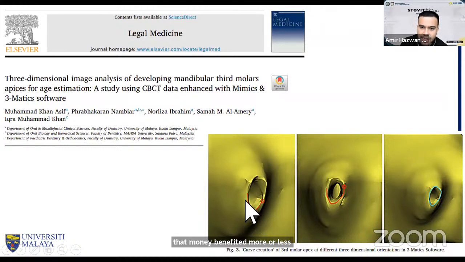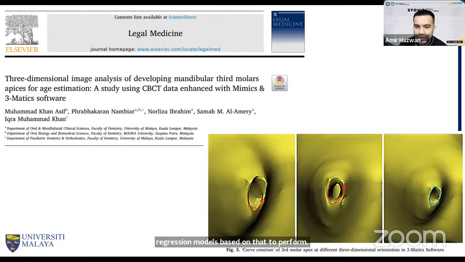This is the apical surface of the third molar, and by using CBCT, we measured the apical surface, and we developed regression models based on that to perform age estimation.